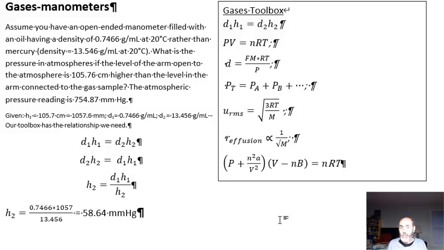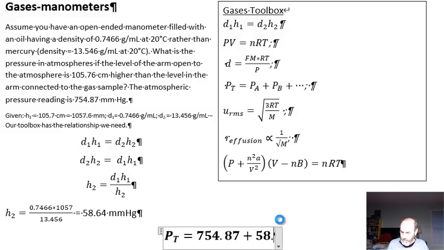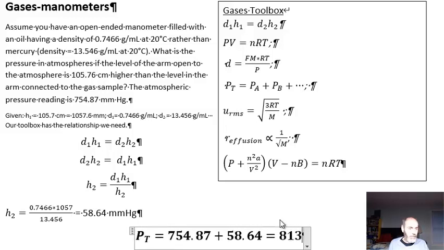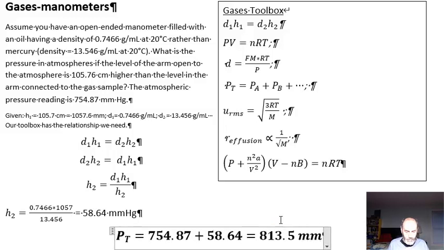Now, this has to be added to the other height of atmospheric pressure height. So that was 754.87 plus the 58.64. That gives us 813.5 millimeters of mercury, if I'm doing the math correctly.